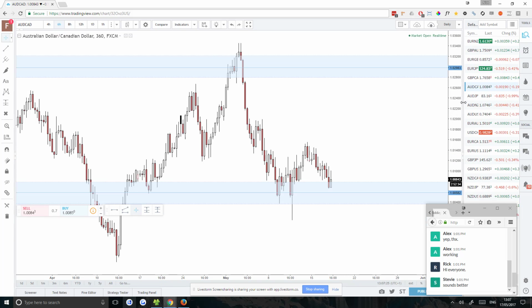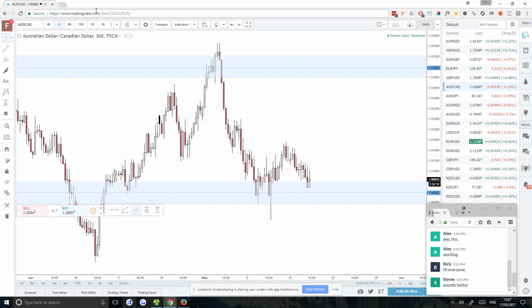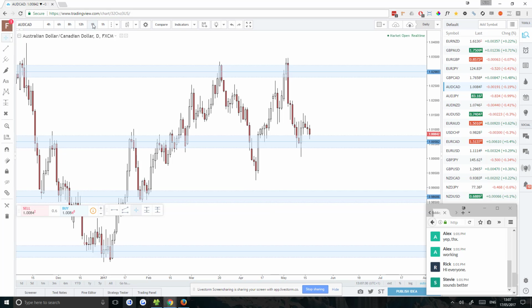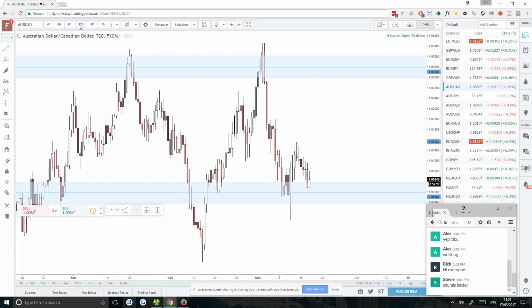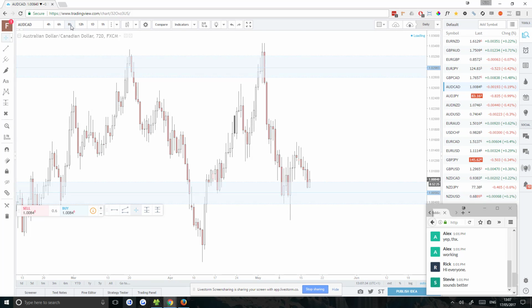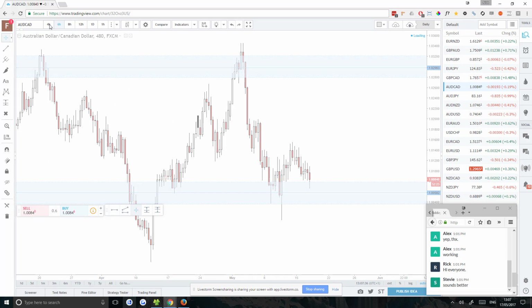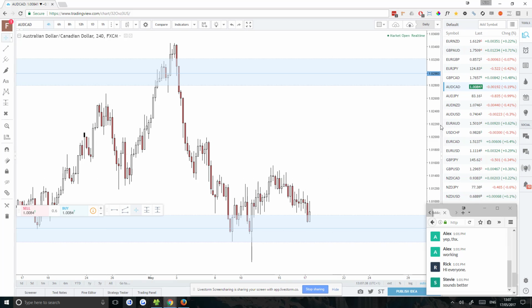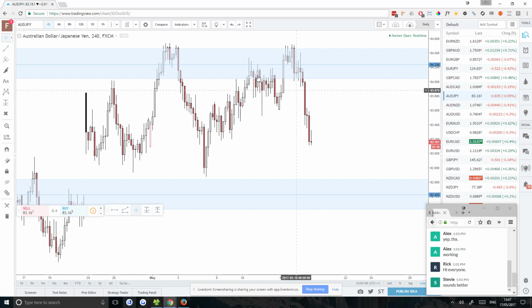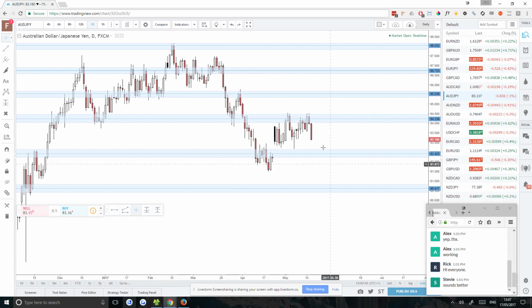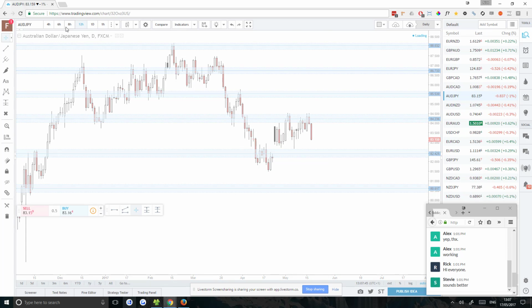All right, so let's get to some newer pairs. AUD-CAD. AUD-CAD is headed down into support. Yeah, just too messy. I'm not really interested in anything there. AUD-JPY is still reversing from resistance.